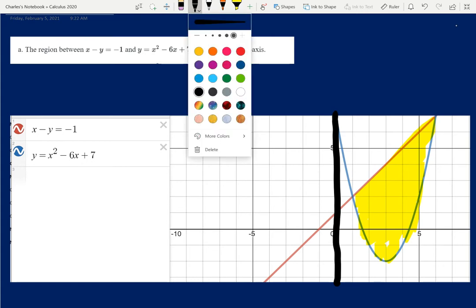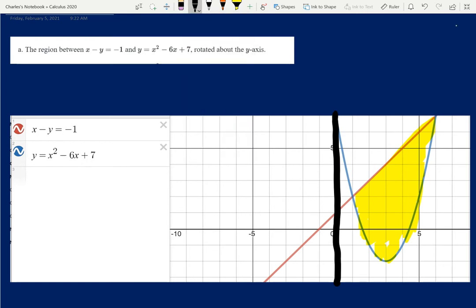And so what I notice immediately, because I've been doing this for a while, is if I draw a line that's perpendicular to the y-axis, then it goes through 2 points that are on the same function, right? Normally I would want to change this into functions where x is a function of y.